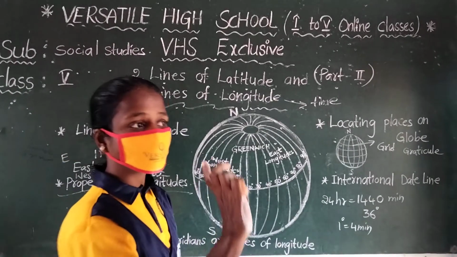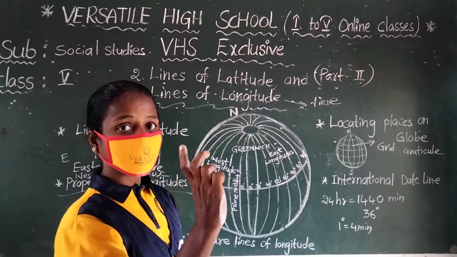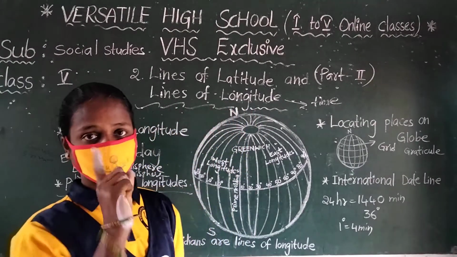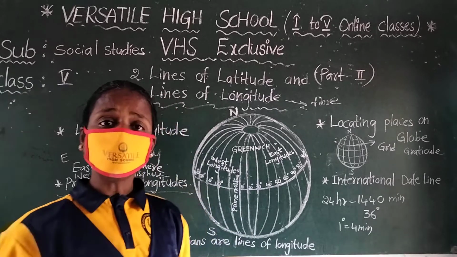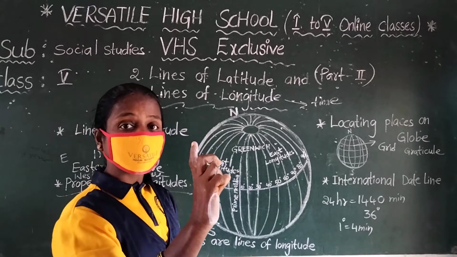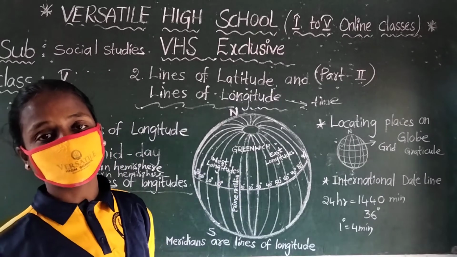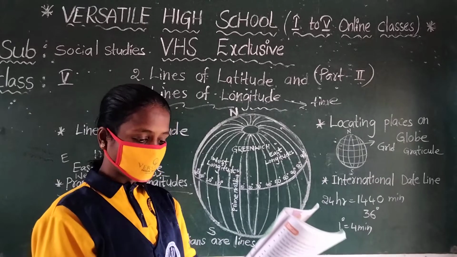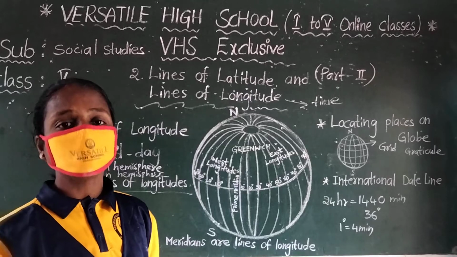You learned the rotation of the earth in previous classes. So if the earth rotates 1 degree, the time taken is 4 minutes. The time difference between consecutive meridians is 4 minutes.